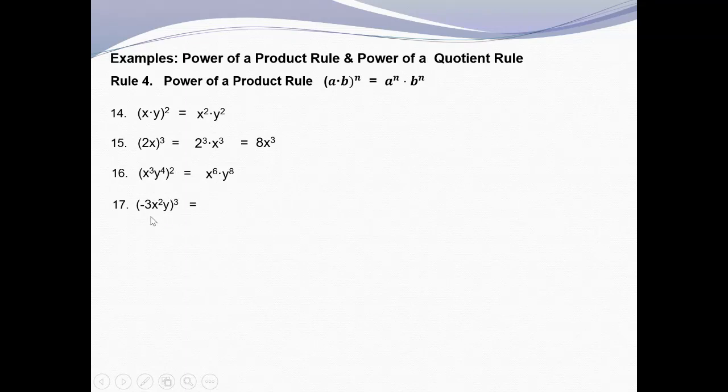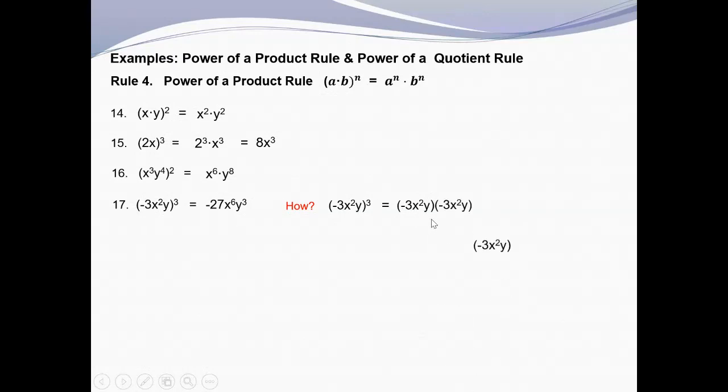How about this one here? This will give us negative 27, and then 2 times 3 is 6, and 1 times 3 is 3. So the answer is negative 27 x to the 6, y to the 3rd. But how? Let me show you how. Parentheses, negative 3x squared times y, close parentheses to the third power. It's going to be the same thing inside the parentheses 3 times.